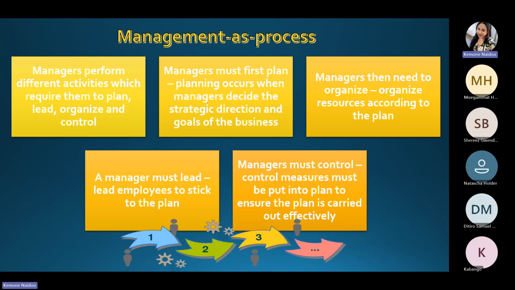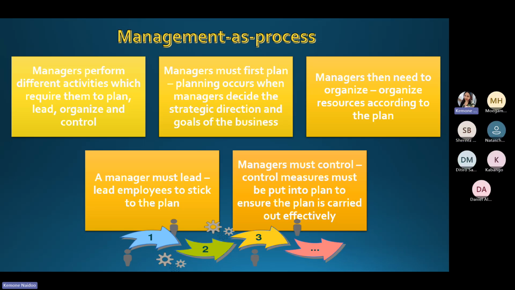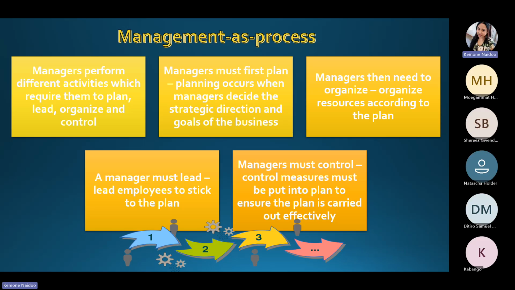So when managers control, essentially they are monitoring, evaluating, and keeping track of whatever they set out. If it's a strategy, for example, they are controlling the strategy by means of monitoring it. If it's your operational process, they're looking at how goods are transformed and if everything is going as smoothly as possible.